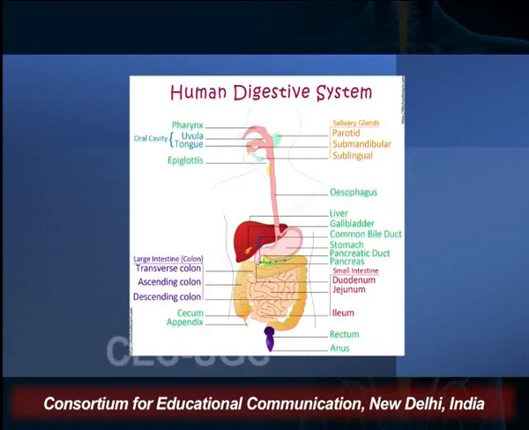Then comes the esophagus, which we also call the food pipe, then the stomach, small intestine, large intestine, rectum and anus. The associated organs of the digestive system are the liver, the pancreas and the gallbladder. So, we can see all these organs in this diagram.